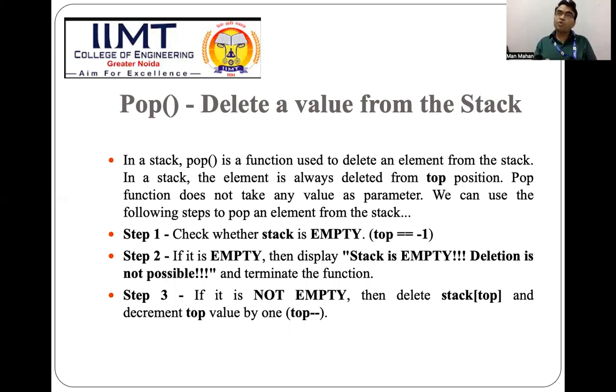If top value is equal to -1, then the stack is in underflow condition, so we can't delete an element from the list. After that, in step three, if the stack is not empty, then we delete a value from the list, and after deleting the value, we decrement the top value by 1, means top equal to top -1.